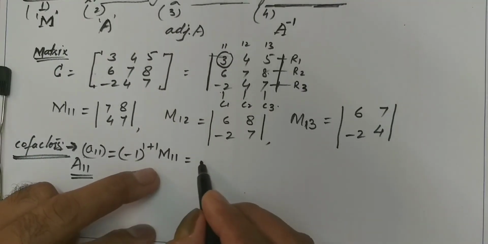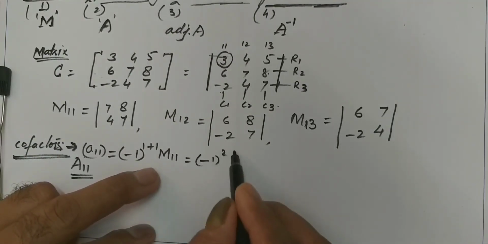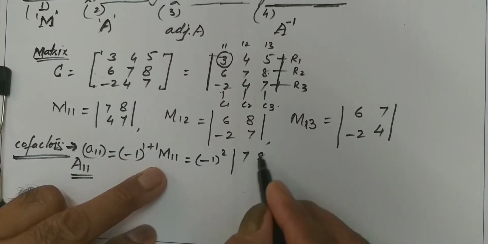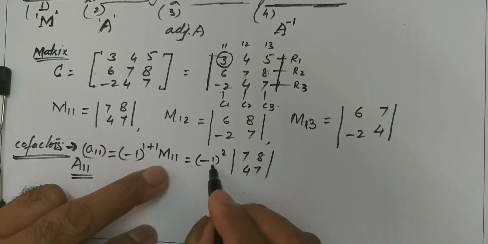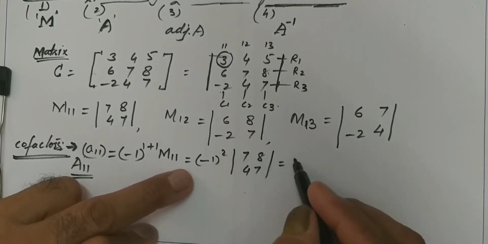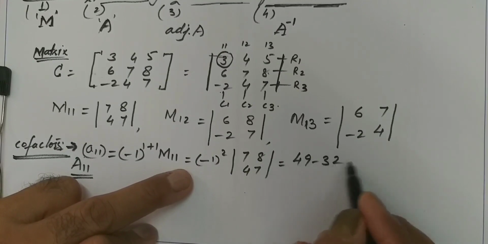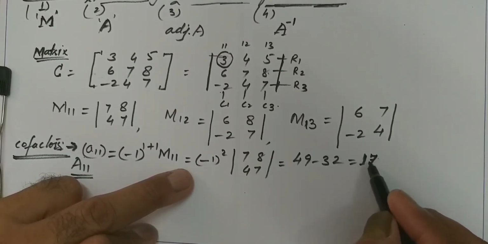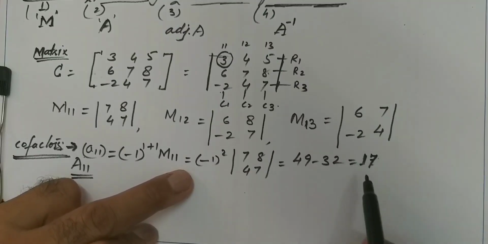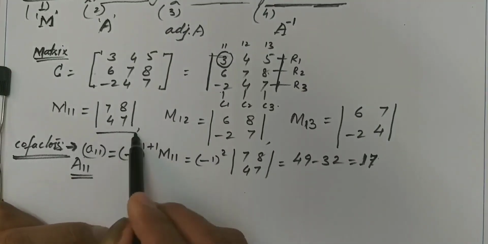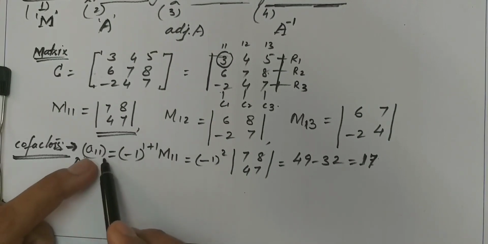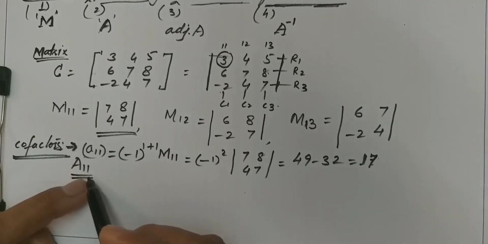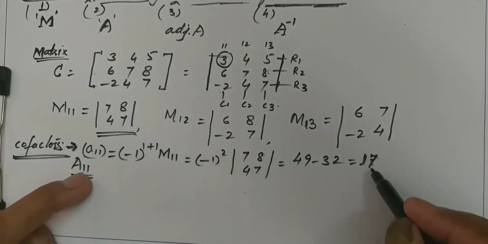So we'll write here minus 1 to the power 2, and then the minor, which we have already written here, 7 8 4 7. Minus 1 to the power 2 is positive, so 7 times 7 is 49 minus 32 is equal to 17. So the minor is this one without the sign. In this case, because the power is positive, both the minor as well as the cofactor have the same value.